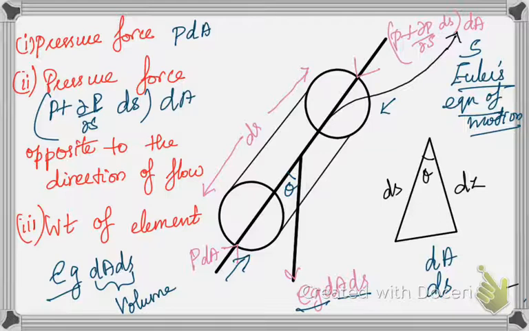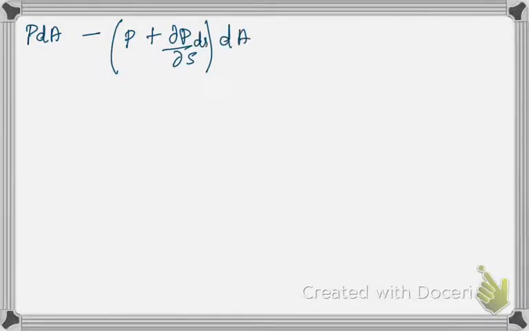In such a case this becomes PdA minus of P plus dou P by dou S into ds into dA minus of rho g dA ds. Since it is making an angle, I have to take this into cos theta, which will be equal to mass into acceleration.